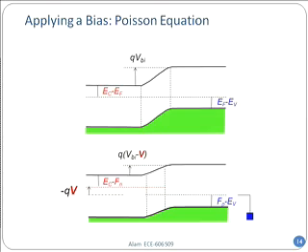When I apply a bias on this device, the first rule is that, of course, I ground it on the right-hand side, let's say. That's an assumption. And then apply a corresponding bias, negative or positive, depending on the configuration, on the N side. And then the barrier height gets reduced by the applied bias. That was the forward bias case. We know how to draw this. I'm just putting it here for reference.